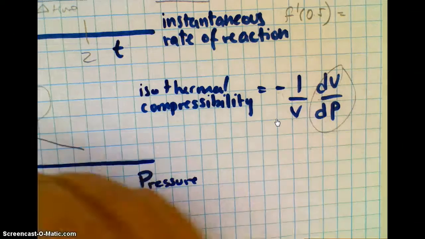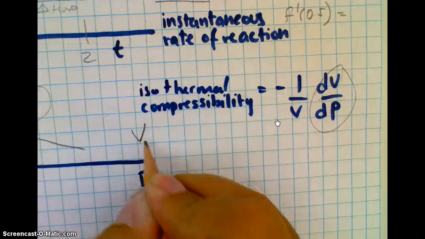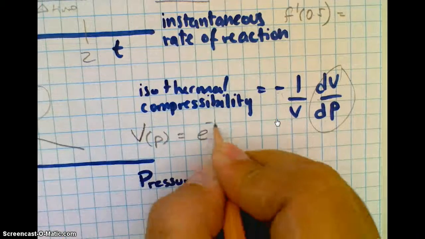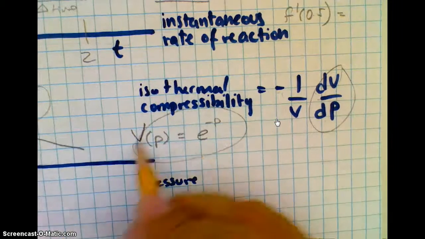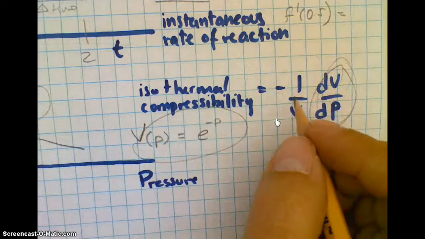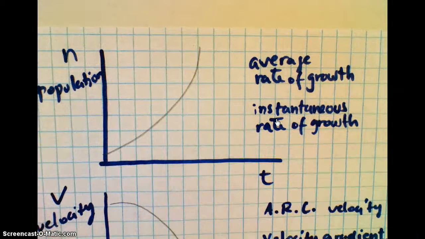So if I have an equation that relates V and P, like e to the negative P or something like that, I can take the derivative of this and find out what that is. Isn't it amazing? And also, it works for a population.